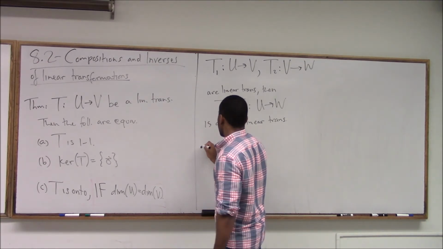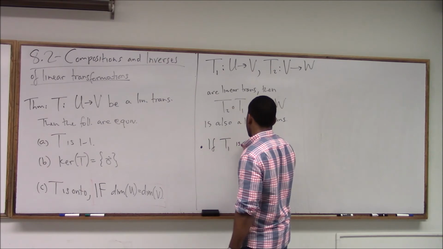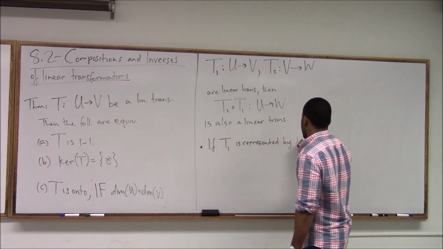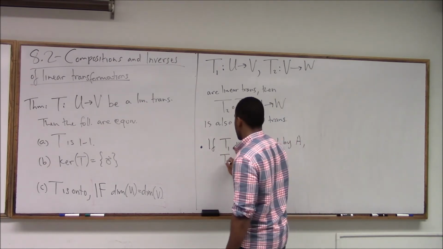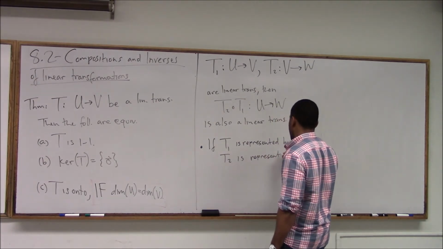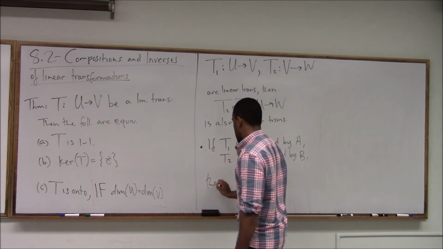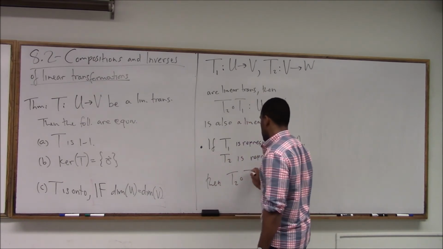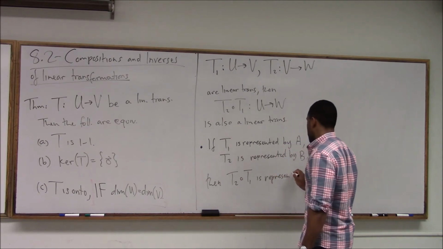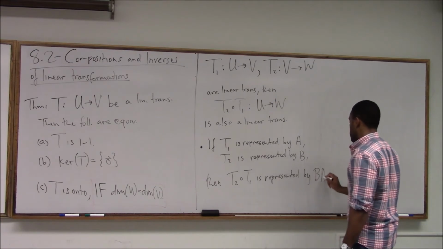Another thing, if T1 is represented by A and T2 is represented by B, then it turns out T2 composed of T1 is represented by the matrix BA.